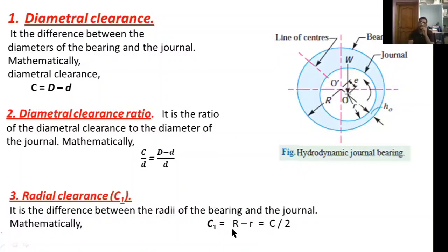The difference, radius of the bearing minus radius of the shaft, equals radial clearance, denoted by symbol C1. Here capital R minus small r is also capital C by 2, that is, capital D minus small d by 2.